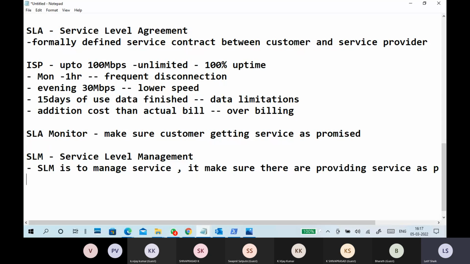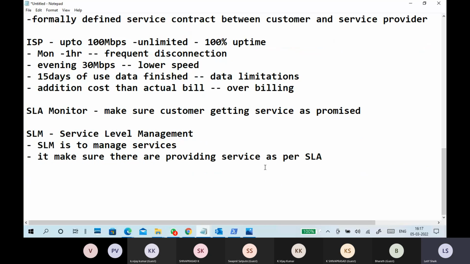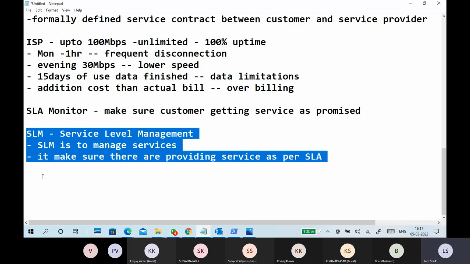It makes sure they are providing services as per the SLA or not.